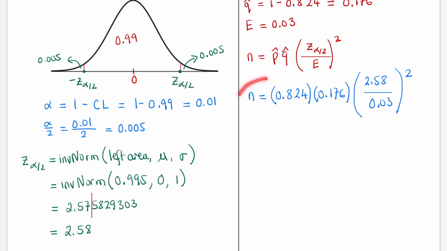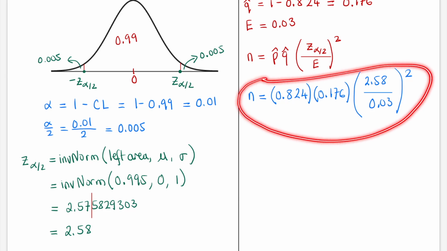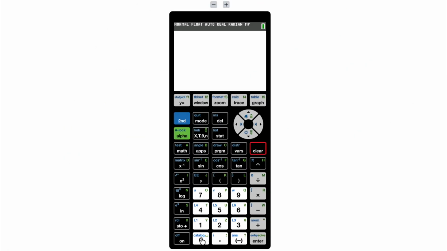And we put everything in the calculator. So we take 0.824 times 0.176 times, open parentheses, 2.58 divided by 0.03, close parentheses, squared, and press enter.